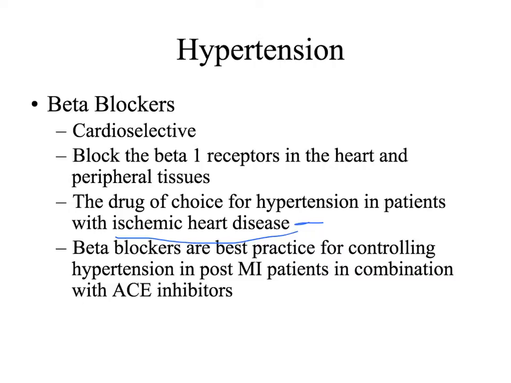We want to control that hypertension because we don't want that diseased heart to have to push very hard. So the betas keep the heart nice and chill, just pumping, and help it to have a better push, a more effective push, and keep them with nicely controlled hypertension. So it's a good treatment for a patient with ischemic heart disease.